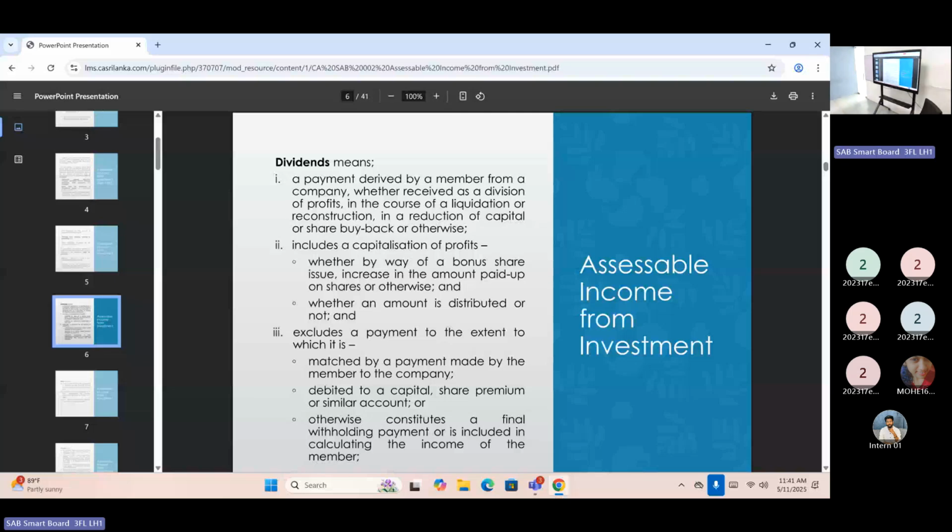The important point here is division of profit. The company divides profits to their who? Members. Member means the owners, the shareholders. When the company divides their profit to shareholders, it shall be considered as dividend.